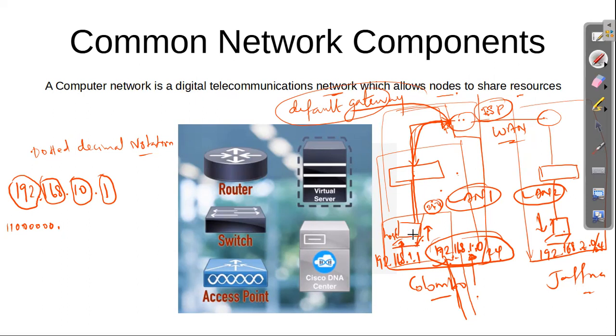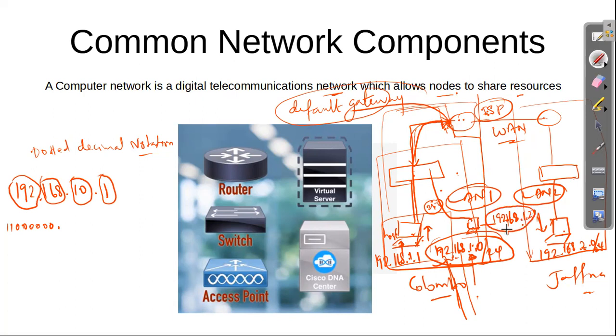If this PC wants to communicate with another computer in the same network, the IP address is going to be 192.168.1.2 maybe.